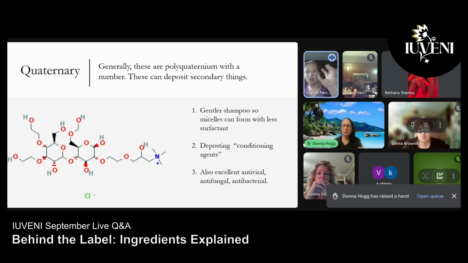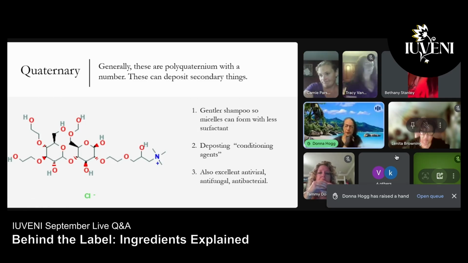The things that quats do is they are used in shampoos to make them gentler, because you have to use fewer surfactants in order to get the micelle. They can deposit conditioning agents, and they're also excellent antibacterial, antifungal, antivirals, which is why we see them in the sanitation chapter.